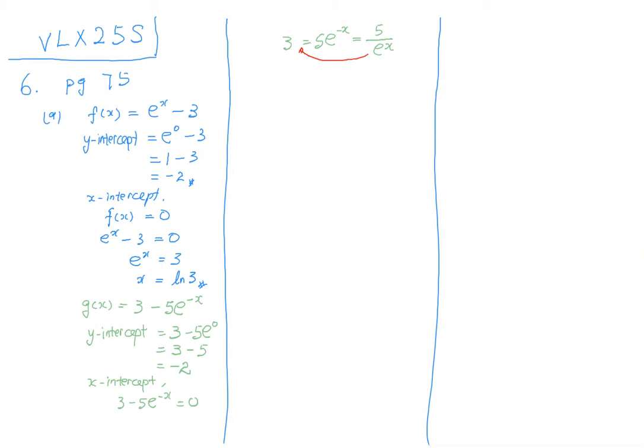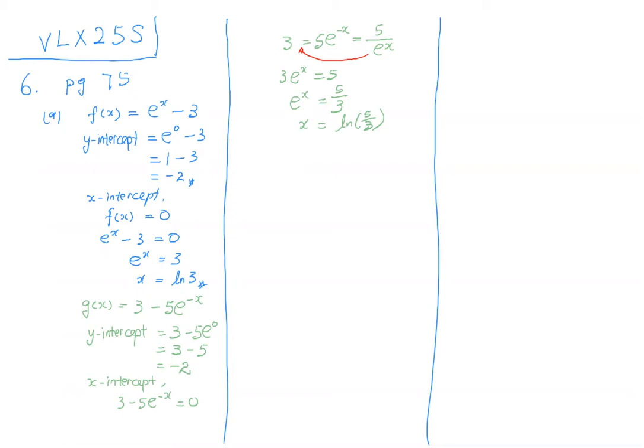So this will prevent me from making a lot of errors. So e to the power x is equal to 5 over 3. So my x will be equal to ln 5 over 3. So I know it is a positive value. Both have an x-intercept with a positive value.